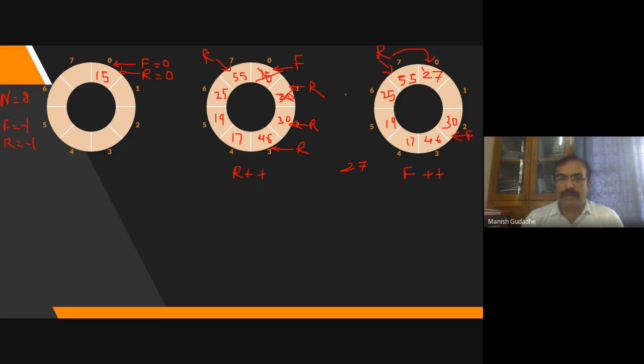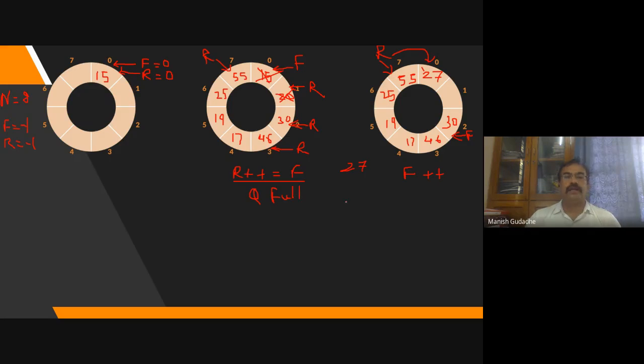Okay. So at this point of time, when we have not deleted 15 and 20, when this was a queue full condition, we are simply saying that if R plus 1 is equal to F, that means Q is full. Am I right?